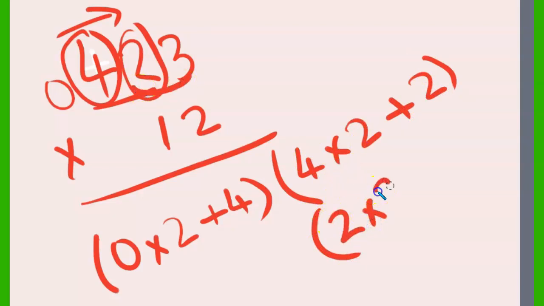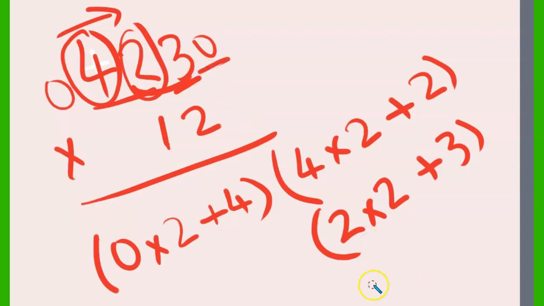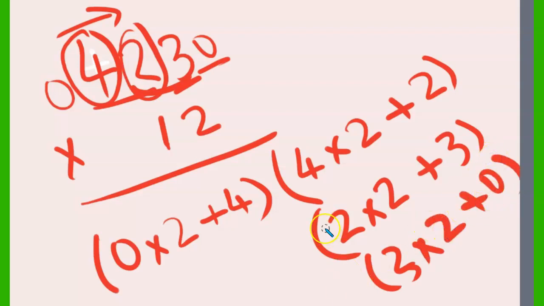So we say 2 times 2 plus 3, and then the last digit is 3. If I say that the next digit would have been 4, then it would be 3 times 2 plus 0. But of course, there are no digits in the front and the back, but we only take 2 digits at a time.